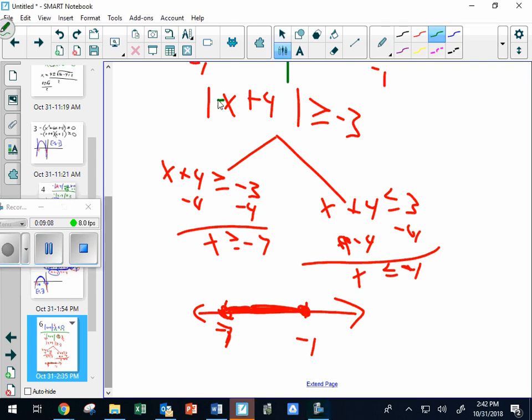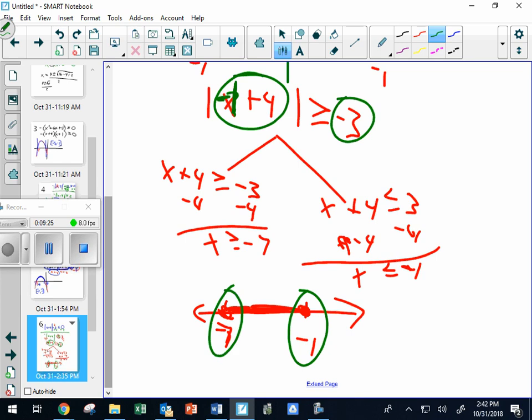Let me see. -1 plus 4 makes 3, and the absolute value of 3 is 3. Is 3 bigger than or equal to -3? Yeah, it is. Okay, I'm sorry. This does work. So does this, but it looks like, actually, I'm wrong. It's not just from -7 to -1.